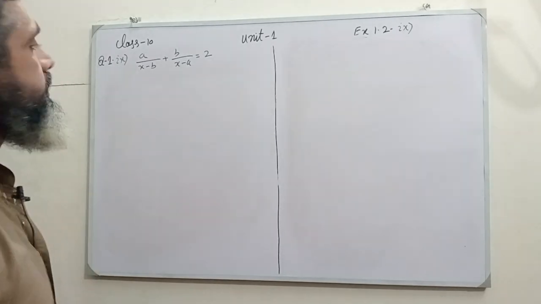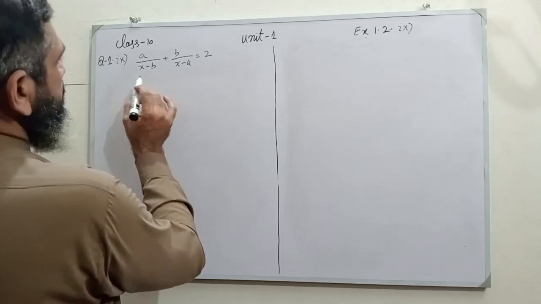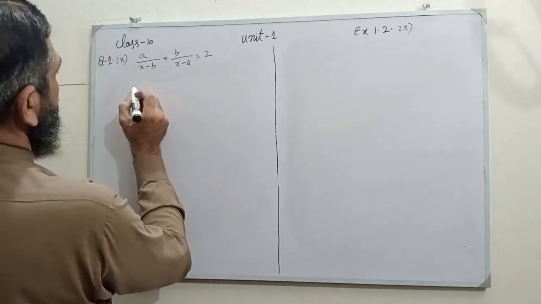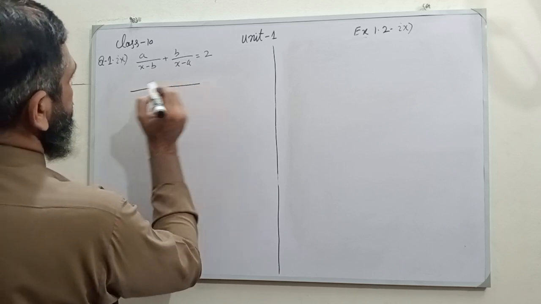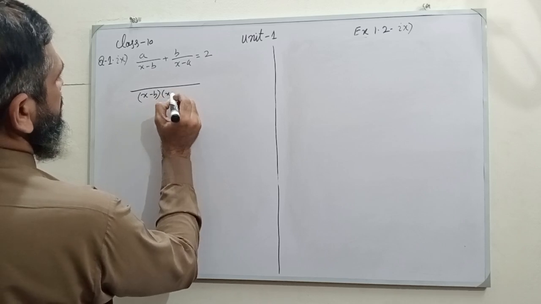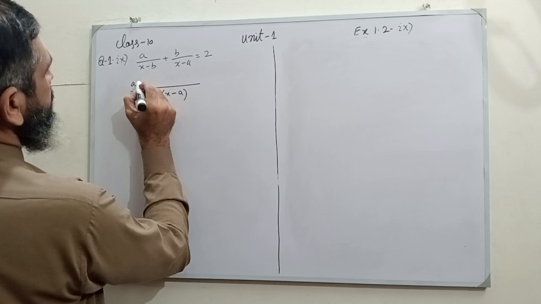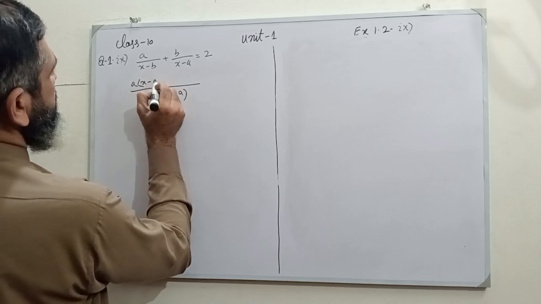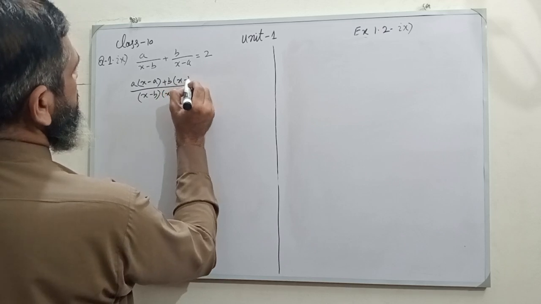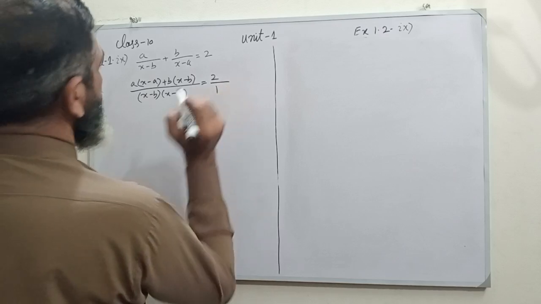Now we'll move towards the ninth part. Here first we will convert it into the standard form, ax square plus bx plus c. So we will take the LCM of the left hand side, x minus b into x minus a, and 2 x minus a plus b into x minus b is equal to, we can also write it 2 over 1.